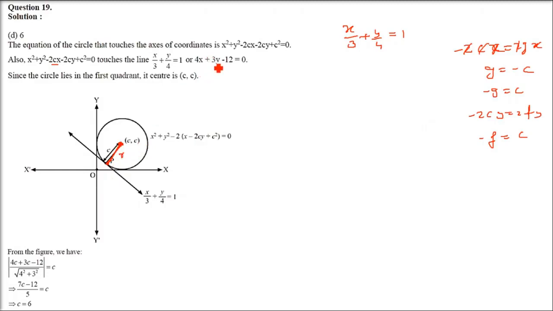This is c, this is c, so actually the radius of the circle is c.